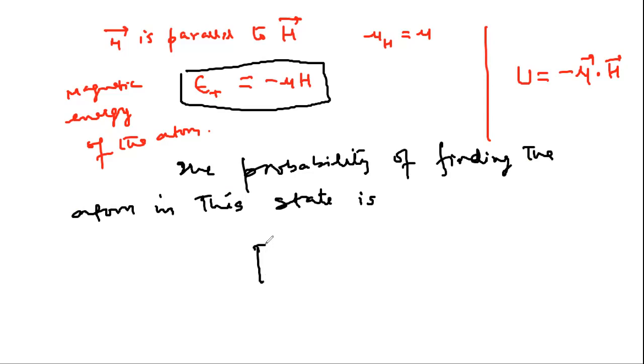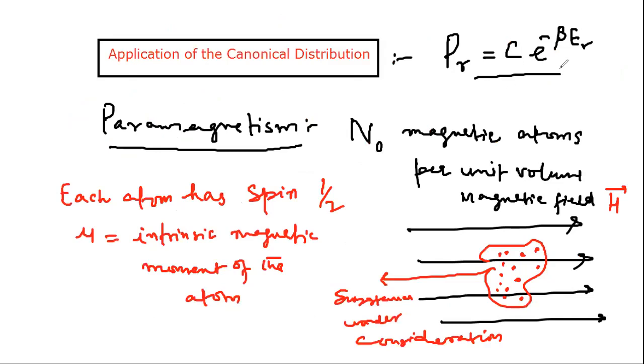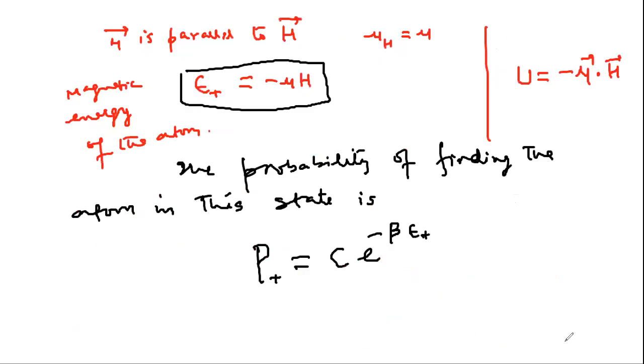So the probability of finding the atom in this plus state, P plus, is simply C, a constant of proportionality, e raised to the power minus beta epsilon. Remember the previous relation pertaining to the canonical distribution. We're simply replacing E_R. Here the state was specified by R. In our case, the state is specified by plus and minus. So we have made use of this distribution here.